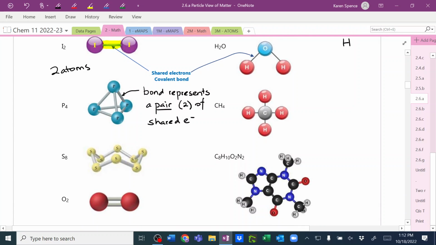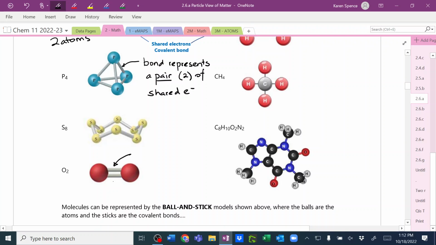And then we have O2. Do you notice anything different about the O2 and its bonds? It's got how many bonds? 2. And that's called a what kind of bond?